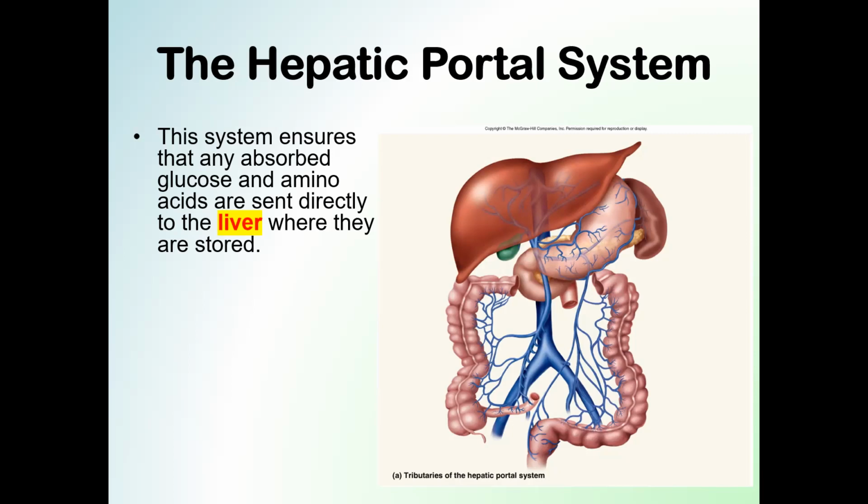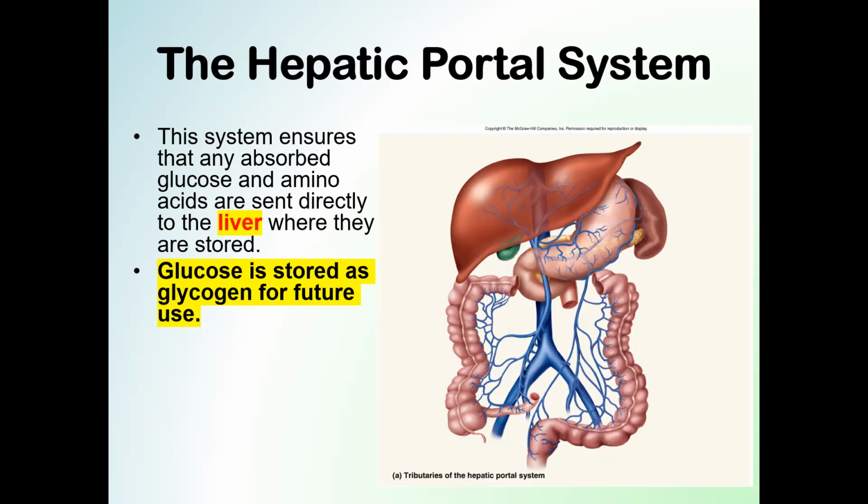And the only way that can be, so it doesn't affect the brain, the only way it can do it is through this hepatic, which means liver, and the portal means the port. It carries it to the liver, and it's stored there. So the glucose is stored as glycogen for future use. It can't be stored as glucose.